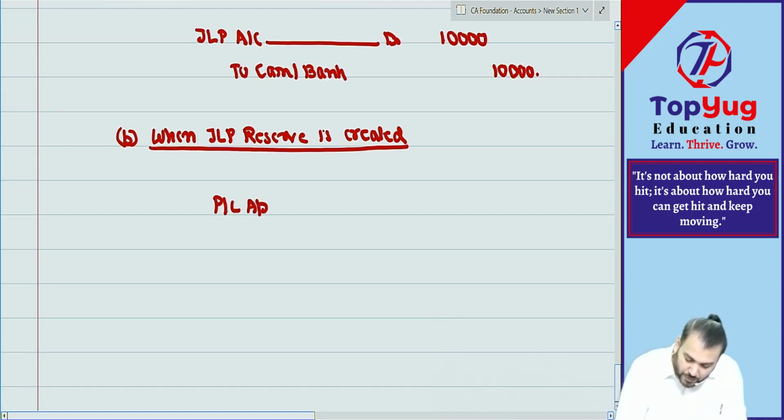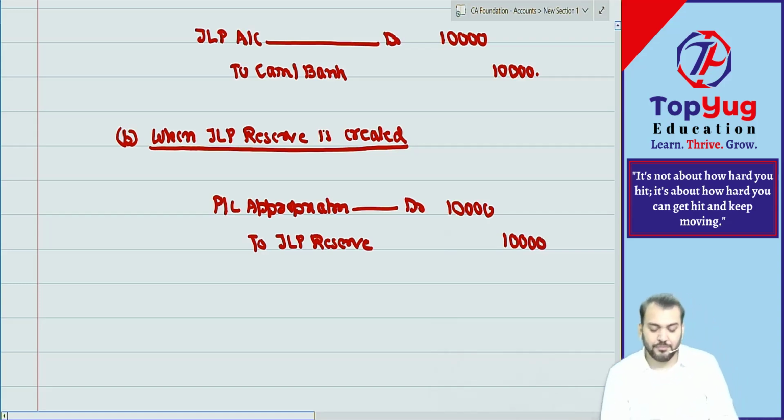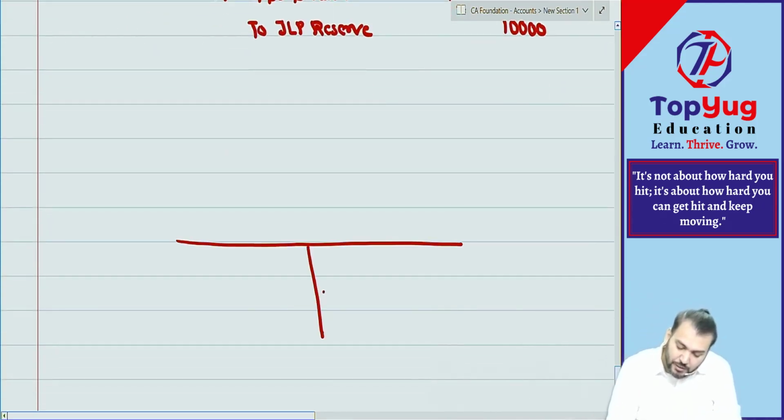PL appropriation account debit to JLP reserve, and with the same amount we will create. Understood? If I am doing this journal entry, JLP will come in the balance sheet, and JLP reserve will also come in the balance sheet.